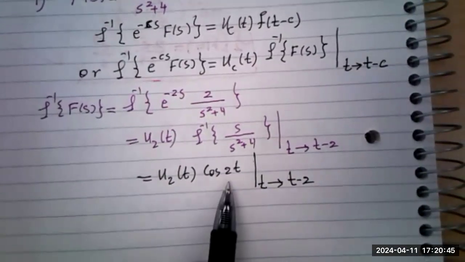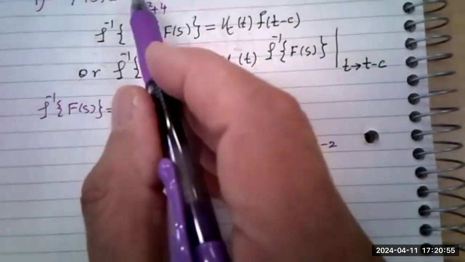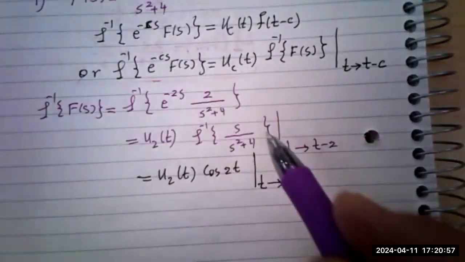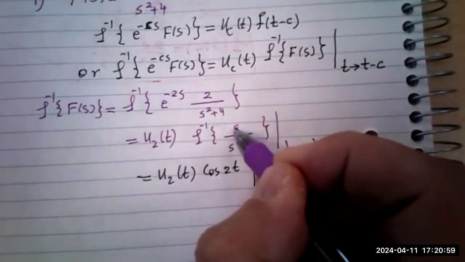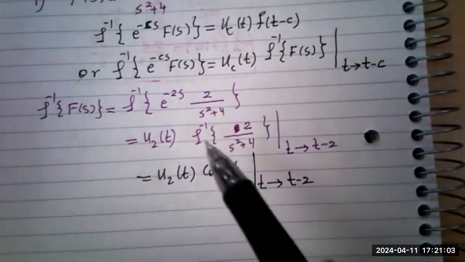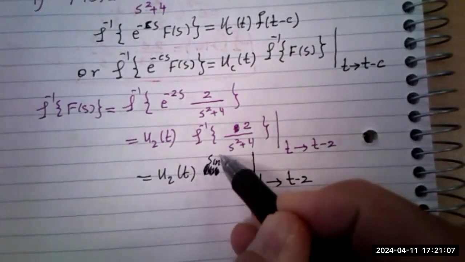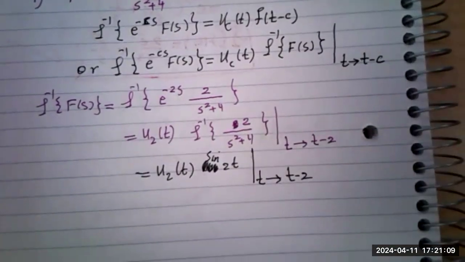Okay, so the final answer would be what? I'm sorry, I made a mistake here. I wrote it down as 2, so let's stay with the 2. If it's going to be 2, this is going to be sine of 2t.